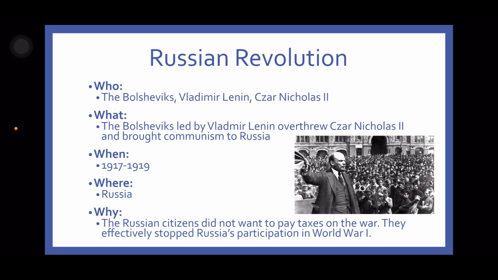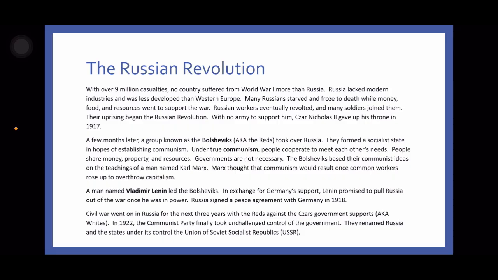The when was 1917 to 1919 in Russia, because Russian citizens did not want to pay tax on the war, they were poor while rich people were getting more money, and they wanted to stop Russia's participation in World War One, and they wanted equal rights. And unfortunately, Vladimir Lenin became also a dictator. So we changed from a dictator to another dictator, which was very unfortunate.